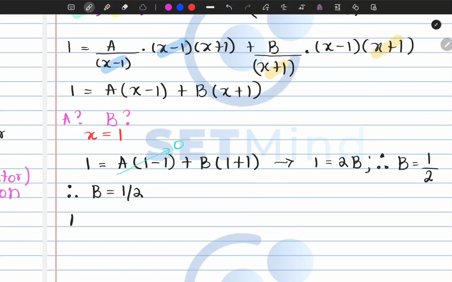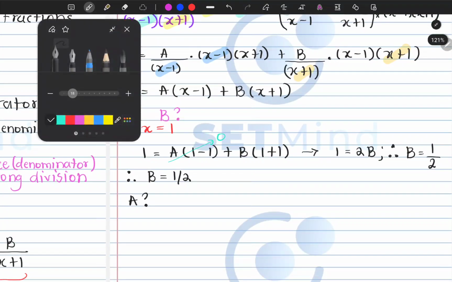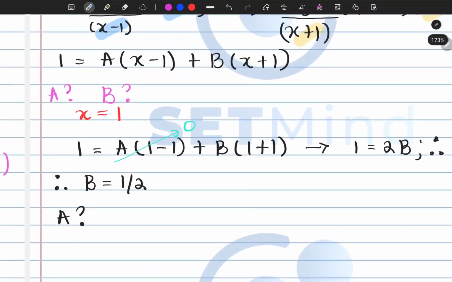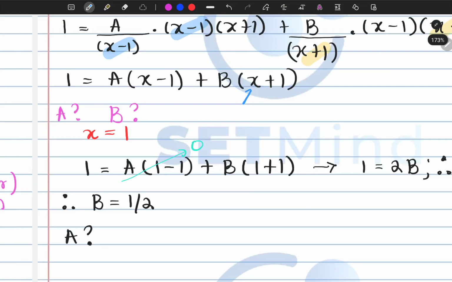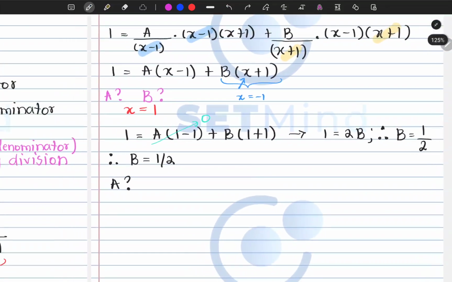So now we should ask ourselves, what about a? Well, for a, I can do something interesting. For a, if you look carefully, if we set x to be minus 1, this entire bracket becomes 0. But this one will not become 0. So I can set x is equal to minus 1.